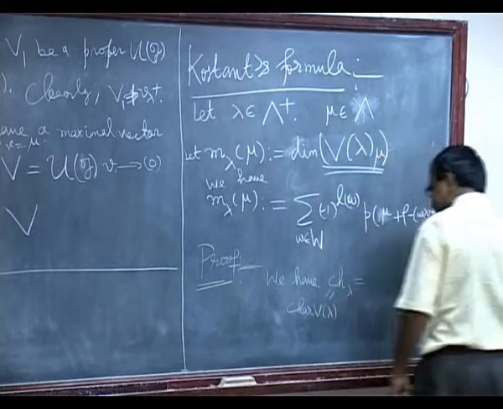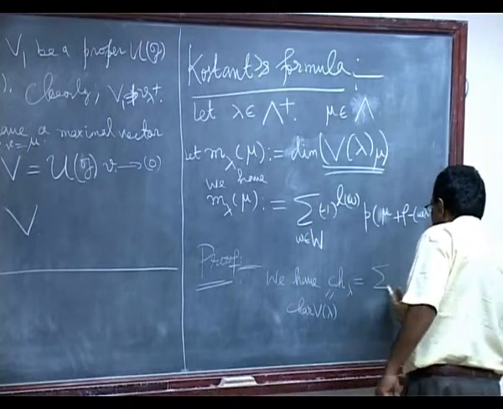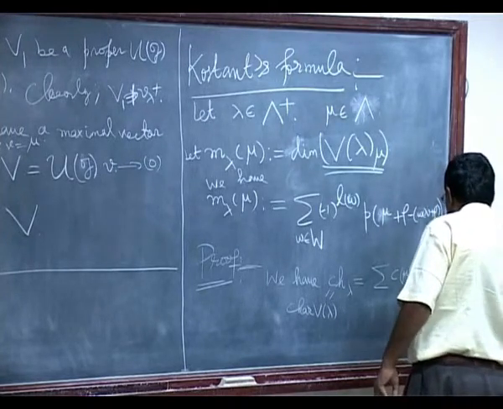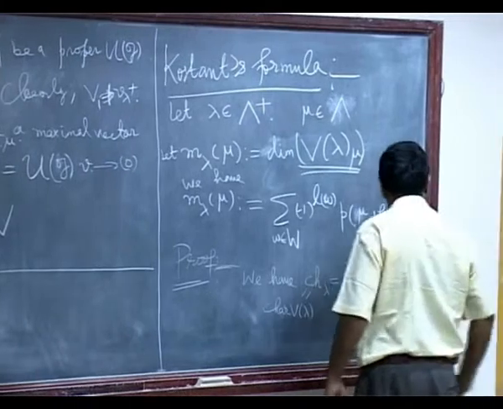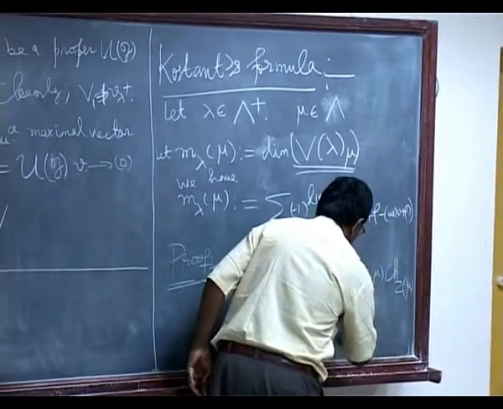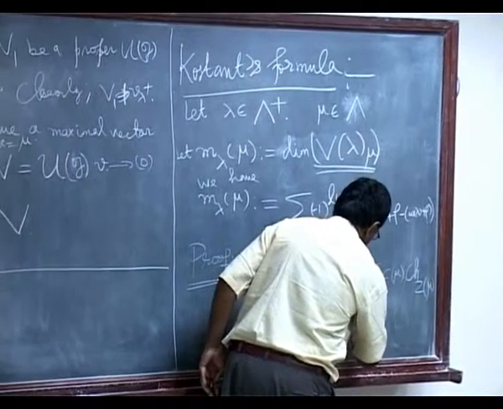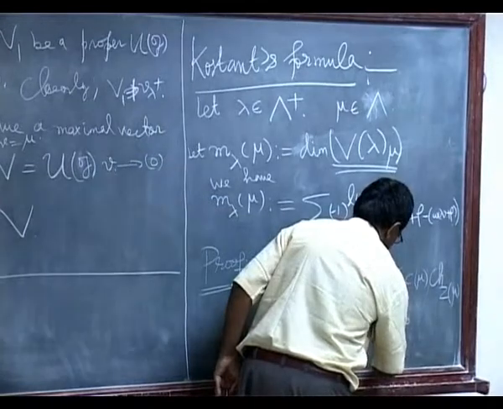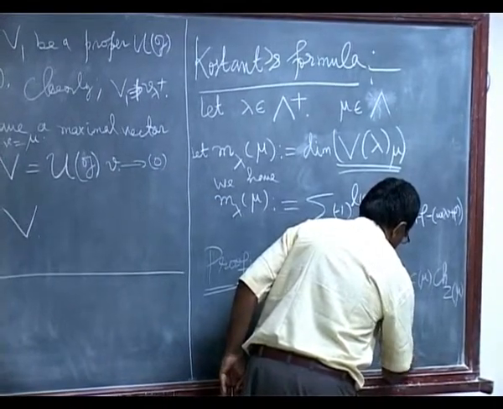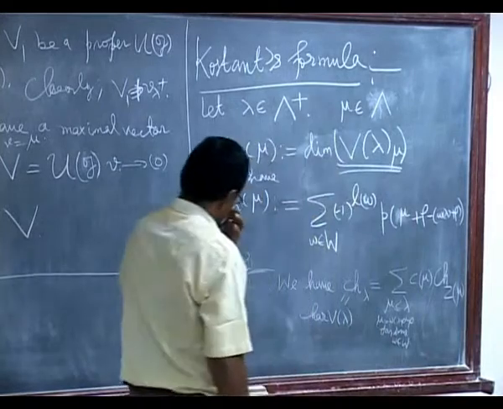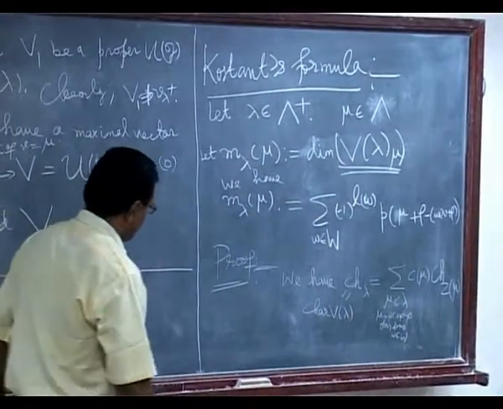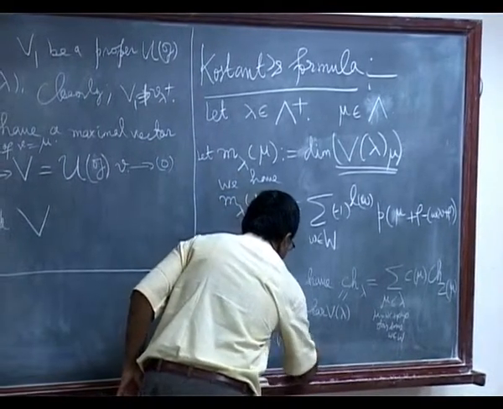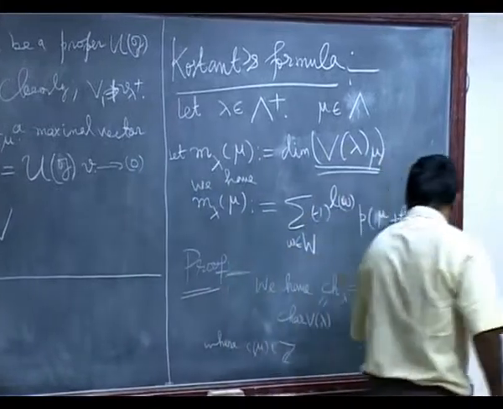This is equal to the sum of c mu ch Z mu, with mu less than or equal to lambda, mu equal to w of (lambda plus rho) minus rho for some w. And of course, c mu are integers.